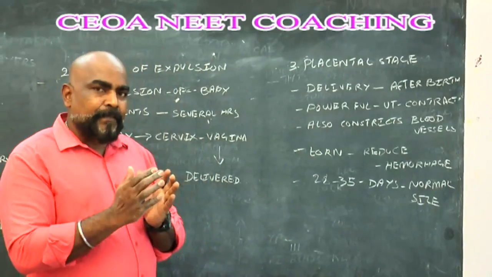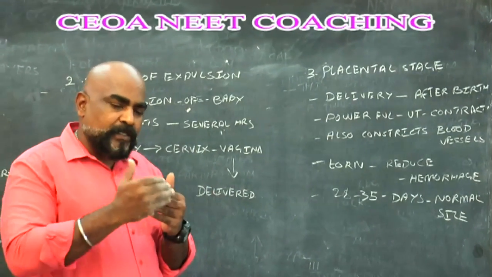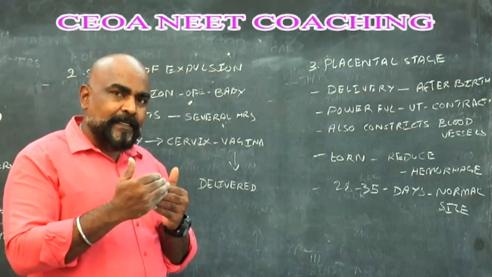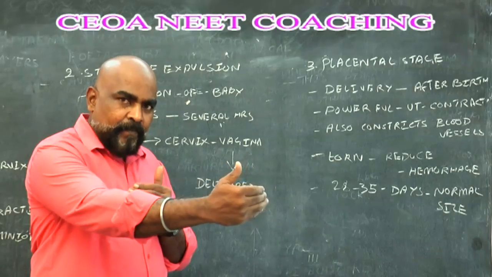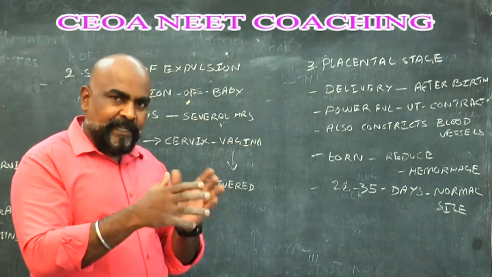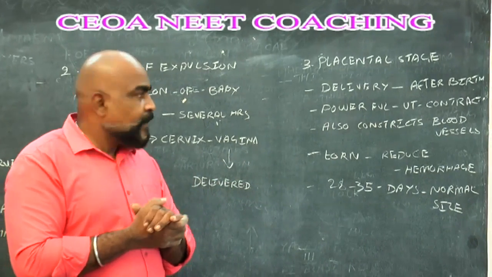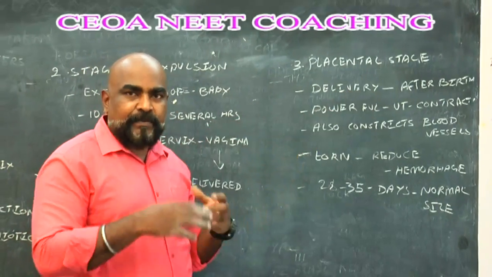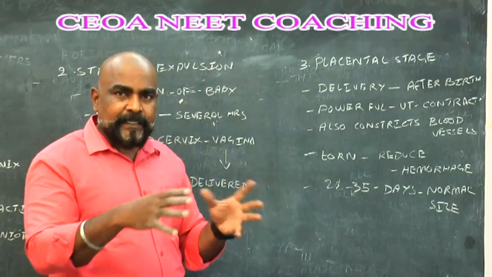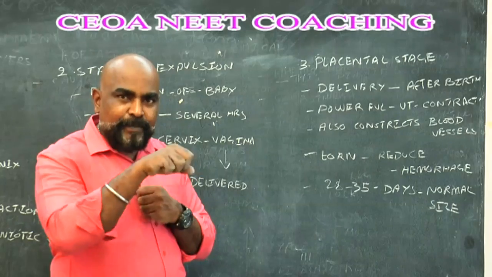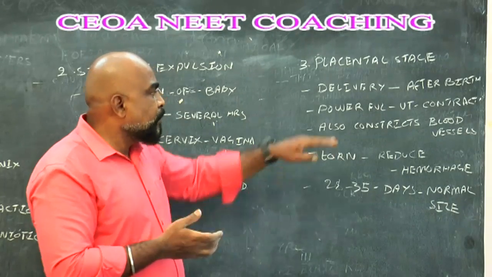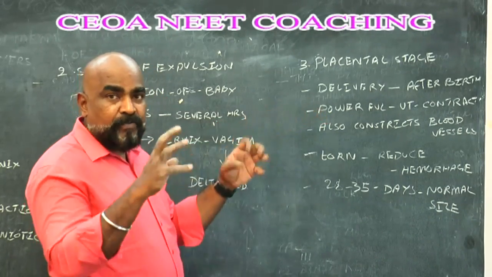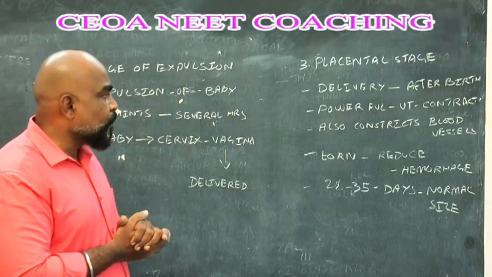Once the baby is delivered, then after some time, because of vigorous contractions of the uterus, the afterbirth, meaning the placenta and other extra embryonic membranes, will be expelled out. That happens because of powerful contraction of the uterus.